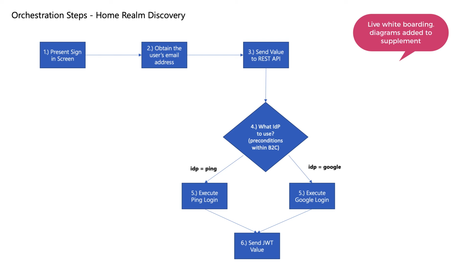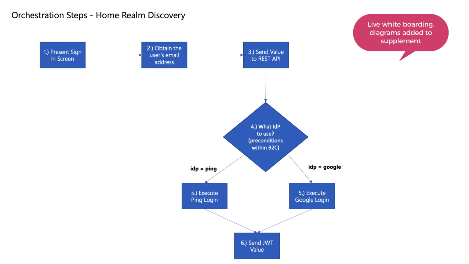Another entity down here, which is a square, a little table, just happens to be a SQL table, where we have our users mapped to particular IDPs. Now, there's a way we could have this data stored in B2C, but this is typically a highly volatile configuration within the application, and I'm going to show you why in one second.